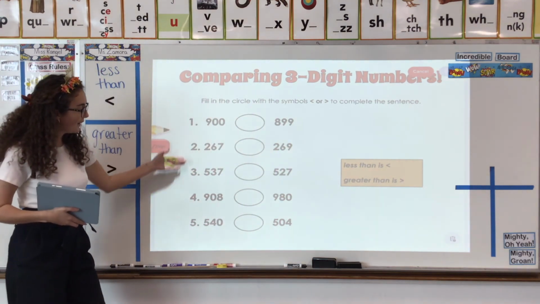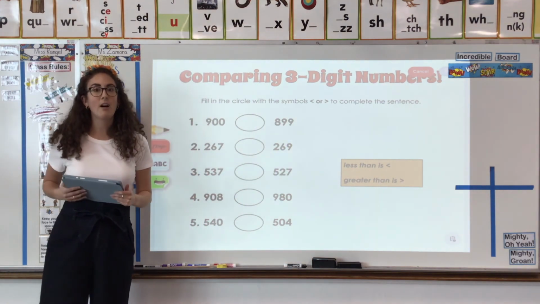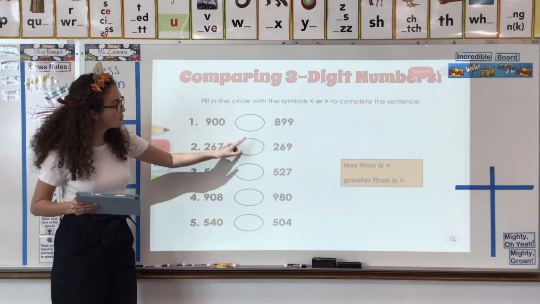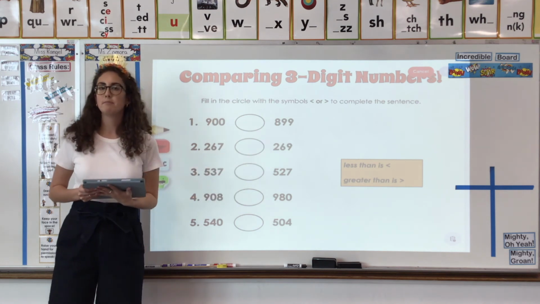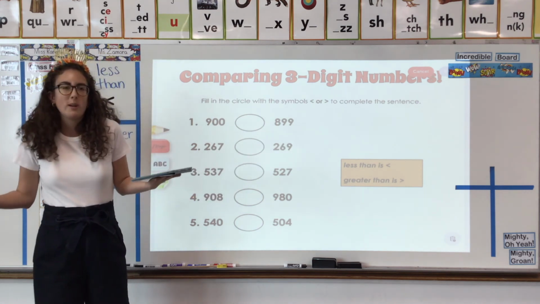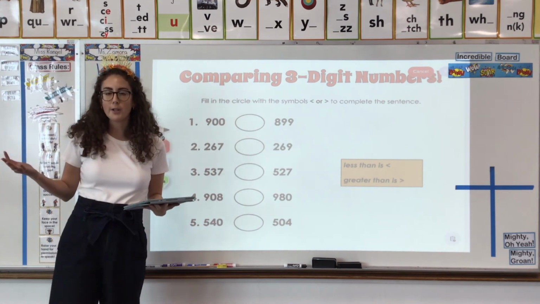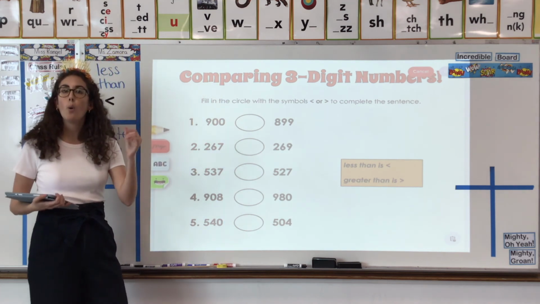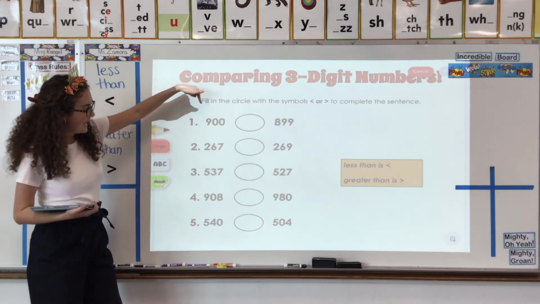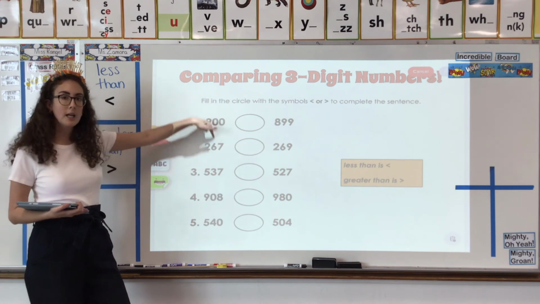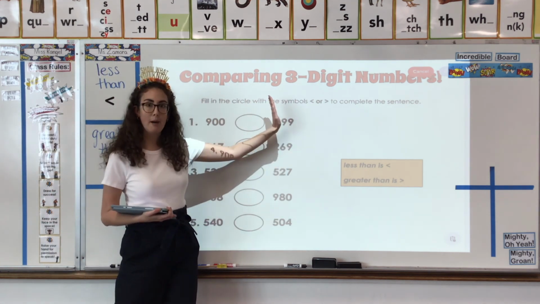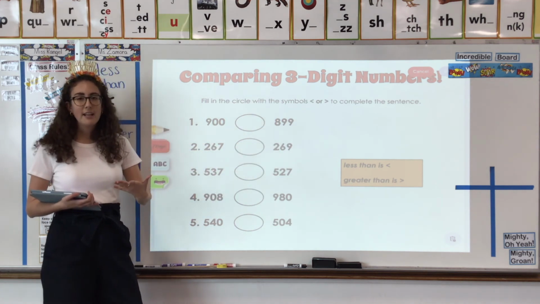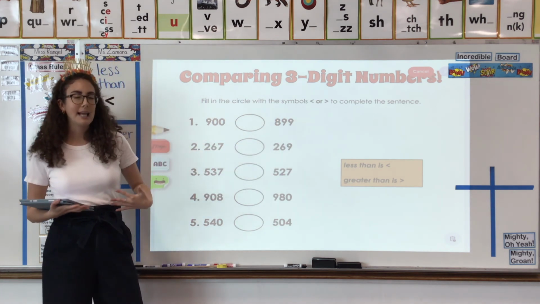So you've got 5 sentences to complete on this sheet. For each one, you're going to take a look between the 2 numbers and figure out which one's bigger, which one's smaller. Depending on this first number in relationship to the second number, you're going to figure out greater than or less than.